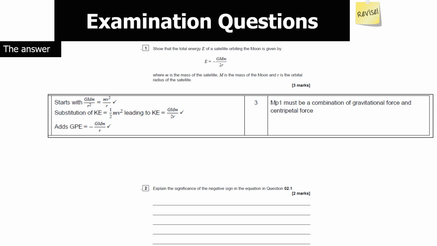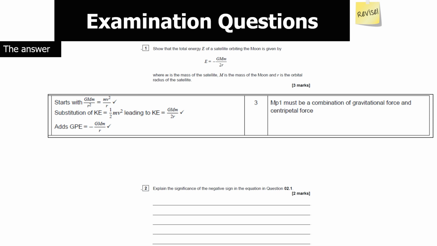So the kinetic energy is a half mv squared, and it also equals GMm over r squared. Therefore we can simplify it and say the kinetic energy is GMm over 2r. You can then add the gravitational potential energy to get the equation as shown above.